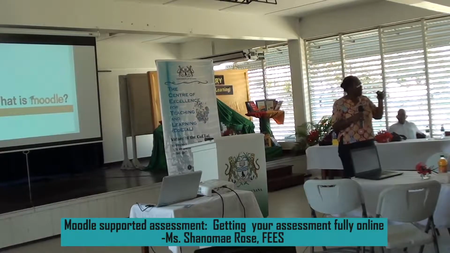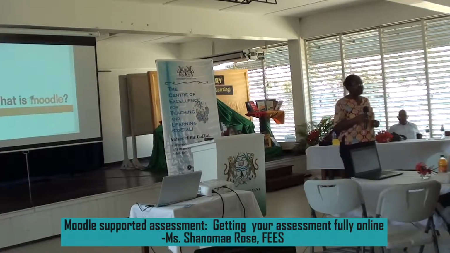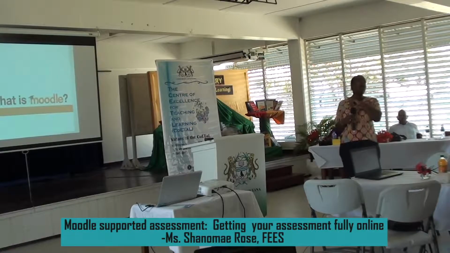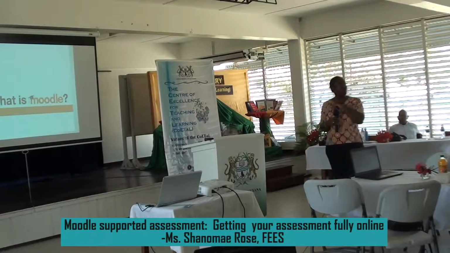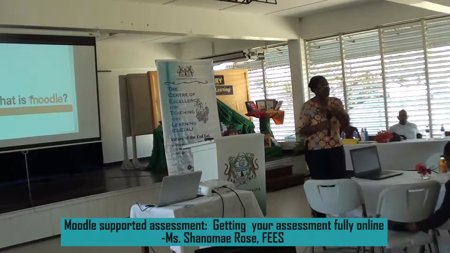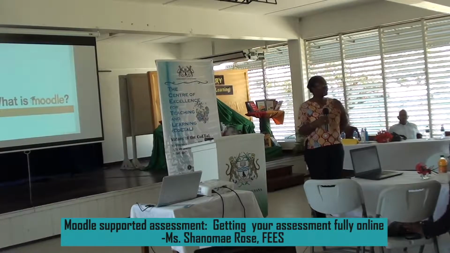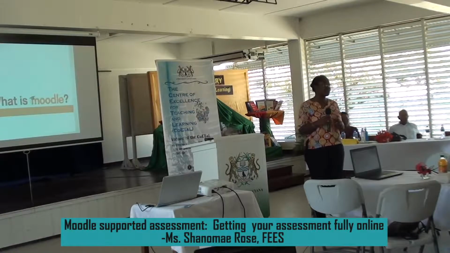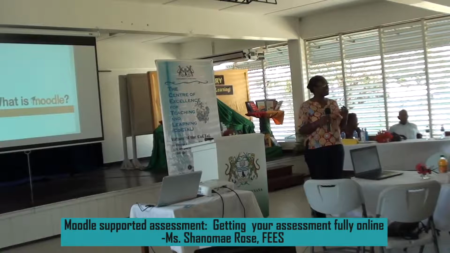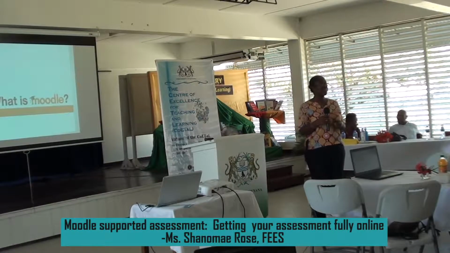How do we manage that system? And Moodle allows us to do quite a bit of that. It also allows us to interact with our students and to hold them to a certain degree of honesty, which is one part of it that I really like.